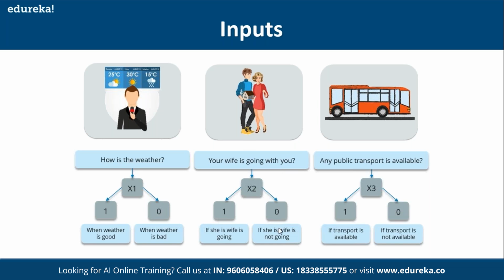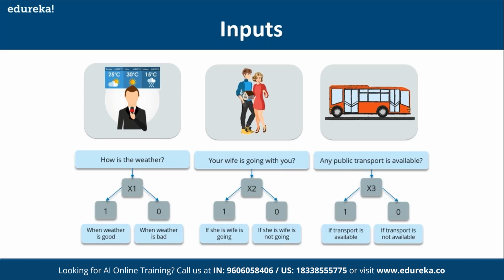If not accompanying, it's 0. If there is public transport available, it is 1. If the public transport is not available, it is 0, which means you have 3 inputs. For every input, you have 2 options. For all the options, you have a value assigned to it.